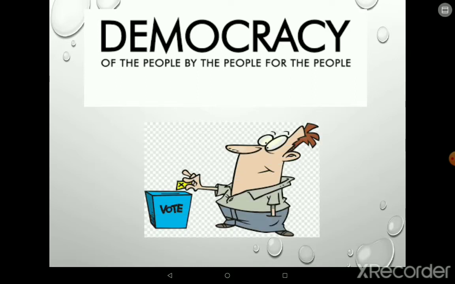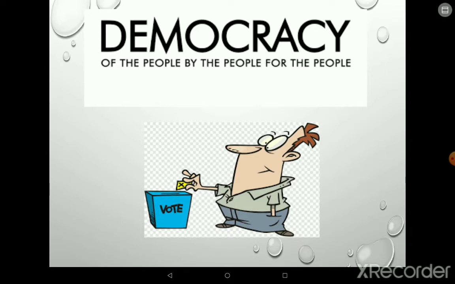In a democratic system, elections are periodic, meaning people elect their representatives after a fixed number of years, and each adult citizen of the country has the right to vote and elect their representative. At the time of election, the adult citizens vote for the candidates of their choice, and these elected members or representatives form the government.